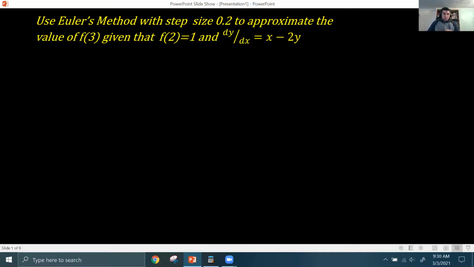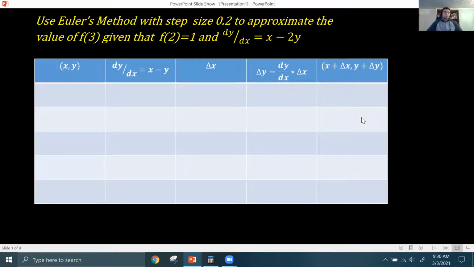So by far, the easiest way that I have found to do an Euler's method type problem is to set up a table of values to keep yourself organized and to bust out your calculator to calculate the values. So notice there's 5 columns in this because there's 5 things that we are dealing with.